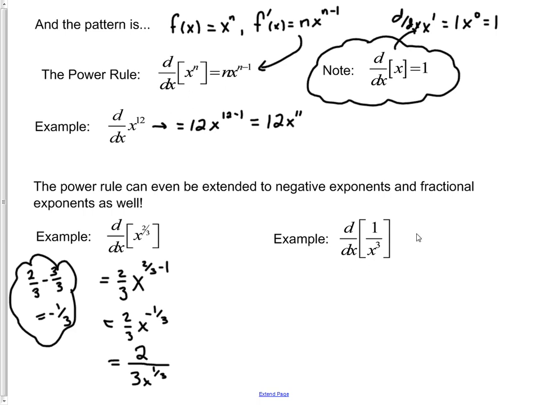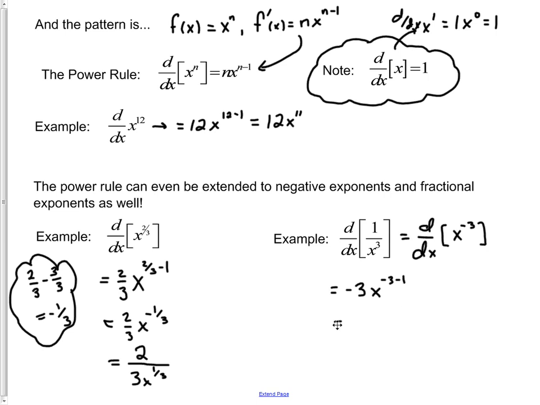So what do we do? Well, the answer is to take advantage of our algebraic rule that tells us that 1 over x to the third is really the same thing as x to the negative 3rd power. And now we can apply our power rule here by taking the derivative, moving negative 3 in front, and taking negative 3 and subtracting 1 from it.